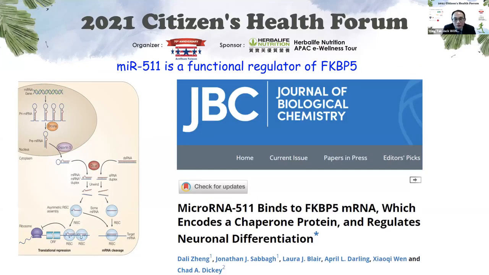Then we wanted to determine how soy isoflavones regulate FKBP5. From the literature, we found that microRNA 511 could bind to FKBP5 messenger RNA, suggesting that microRNA 511 can bind and target the FKBP5 messenger RNAs to induce translational inhibition or lead to messenger RNA cleavage.